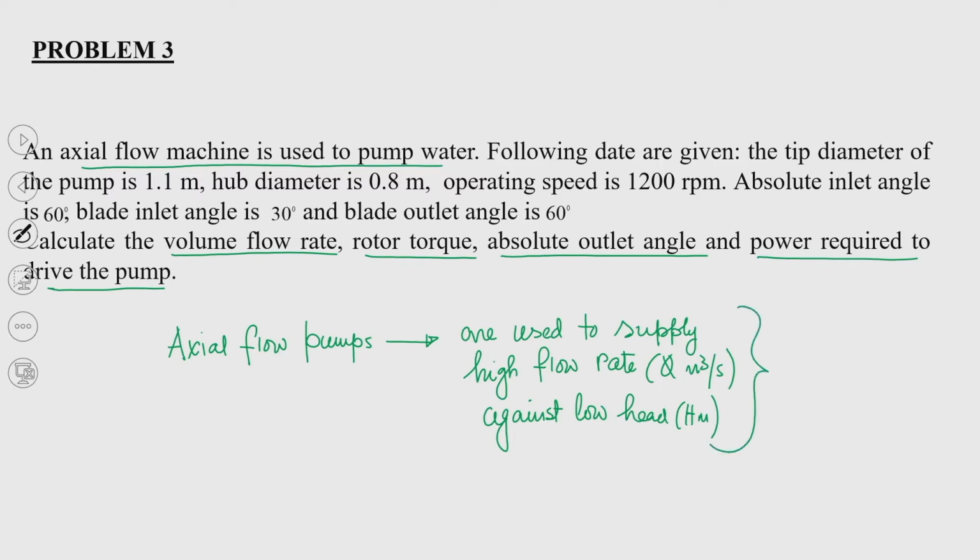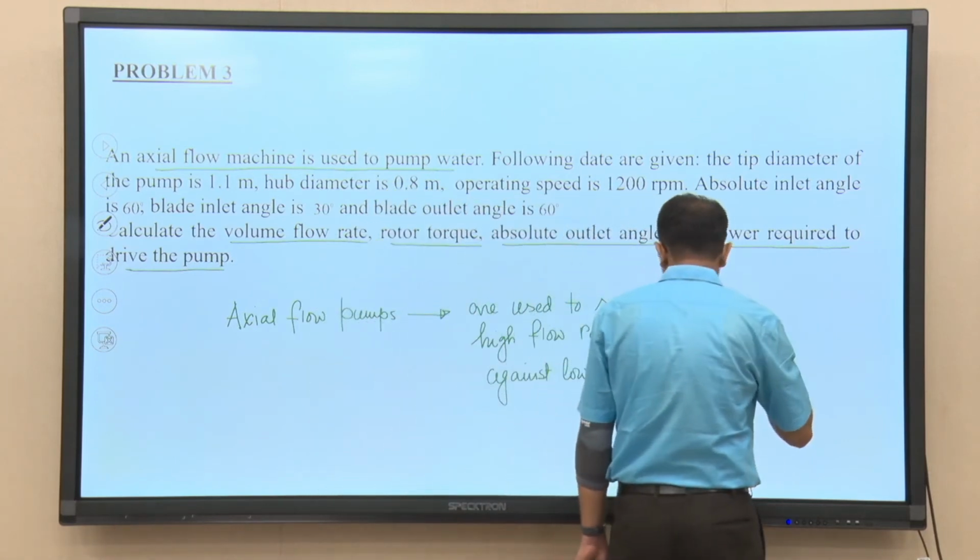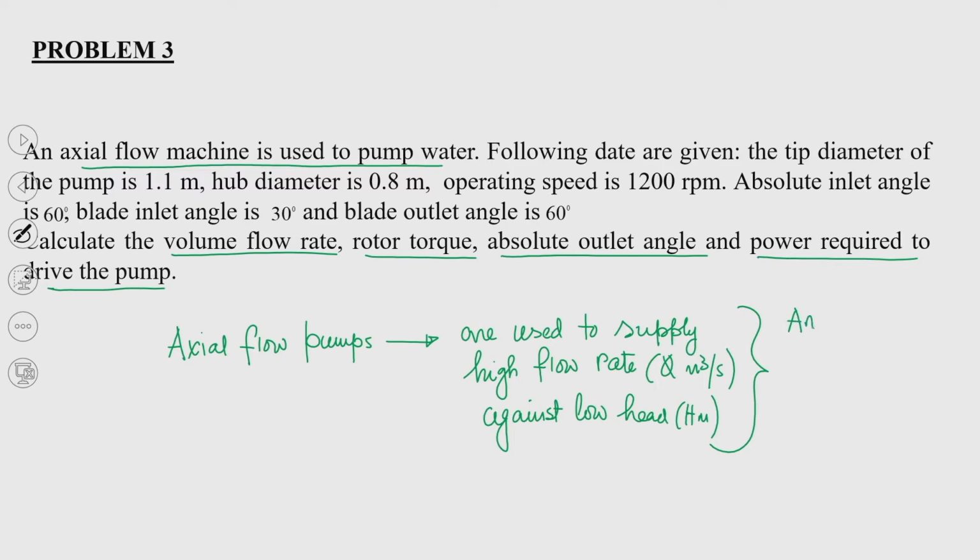Now, this is what we have studied, and if we try to recall the areas of application: irrigation, coal mines, etc., where we need higher flow rate.